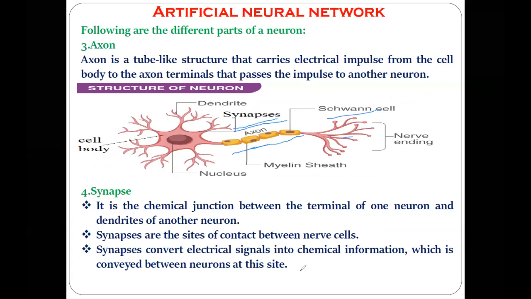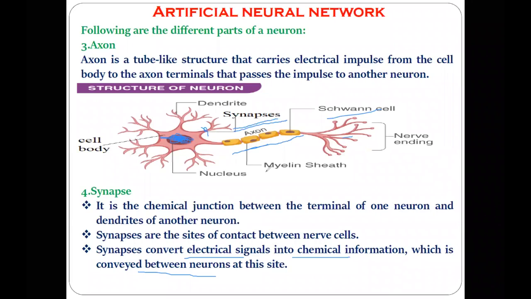And then we have seen the synapse, which converts the electrical signal into chemical information and conveys it to the other neurons. So that is the joint-like structure, the synapse. And lastly we have studied the nucleus, which creates the proteins, ribosomes, etc., helpful for the functioning of other parts of our body.